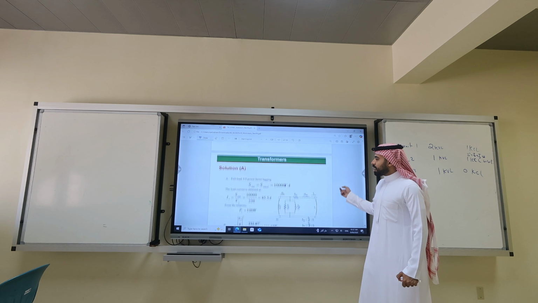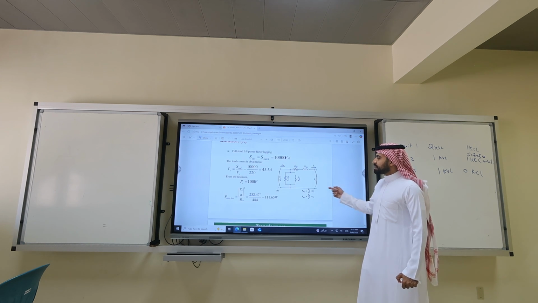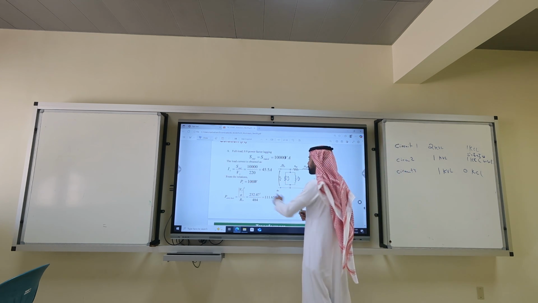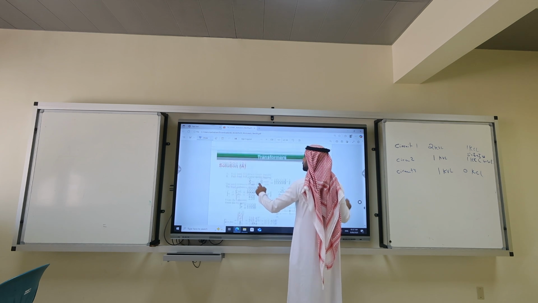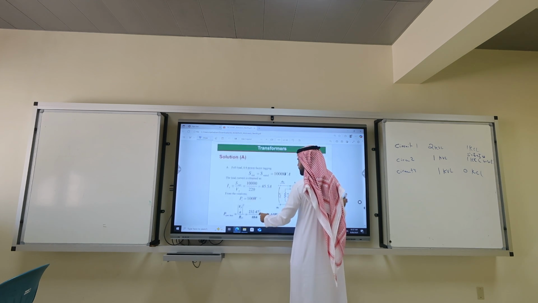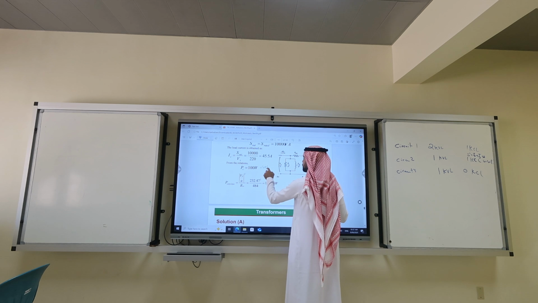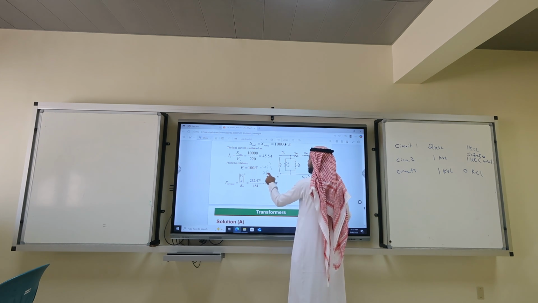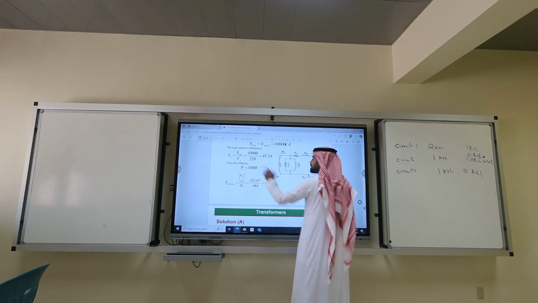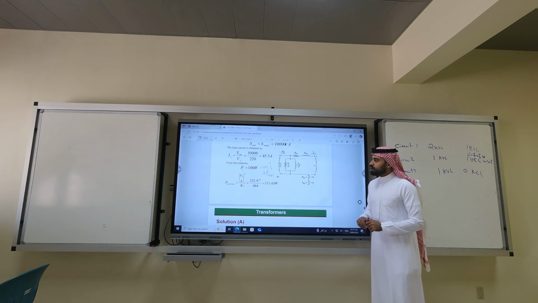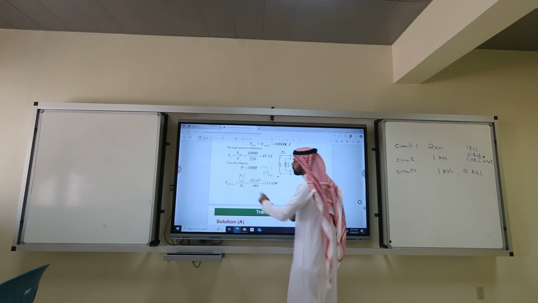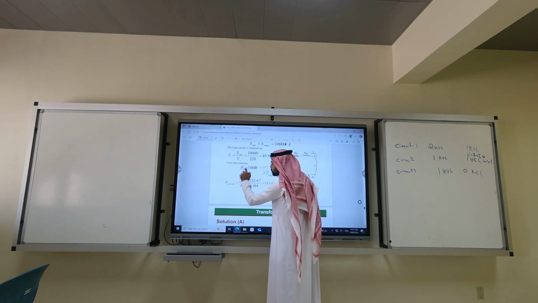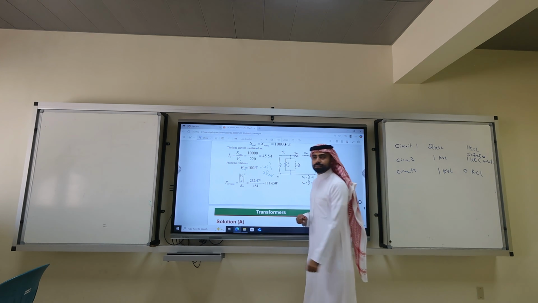Then I get the copper losses. What are the copper losses? What is this number? 45.5 squared times REQS. You'll get this number. As a matter of fact, this should be copper, to be specific.